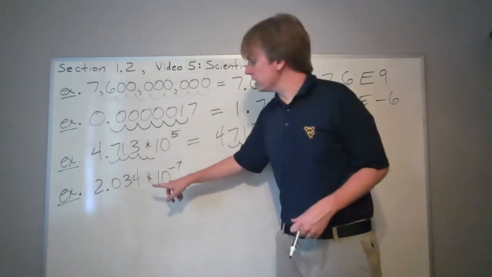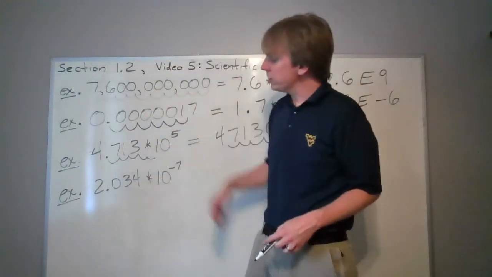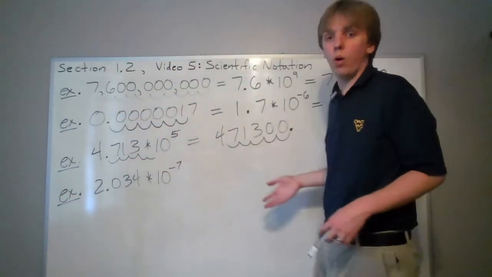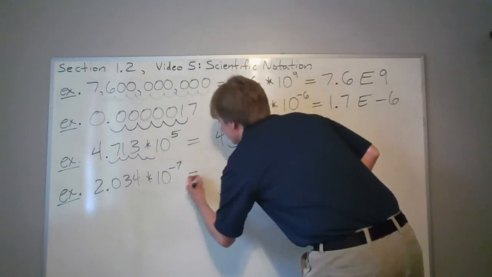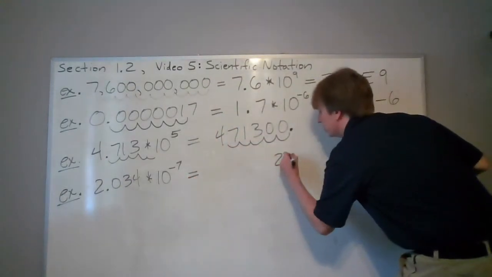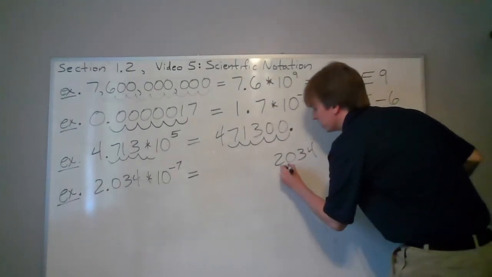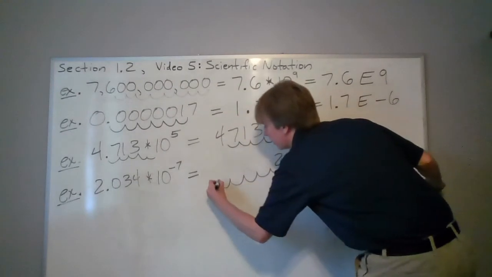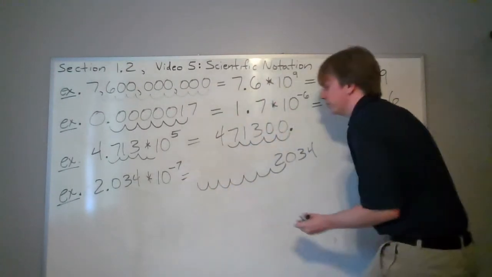And so we're expecting, instead of moving the decimal point to the right and making it 2 million or something like that, we're going to move the decimal point to the left and make it 0.00000, and then eventually a 2. So let's see, this time I'm going to put the 2034 on the right, and I'm moving the decimal point 7 places. 1, 2, 3, 4, 5, 6, 7. Yeah, I totally planned that out ahead of time.